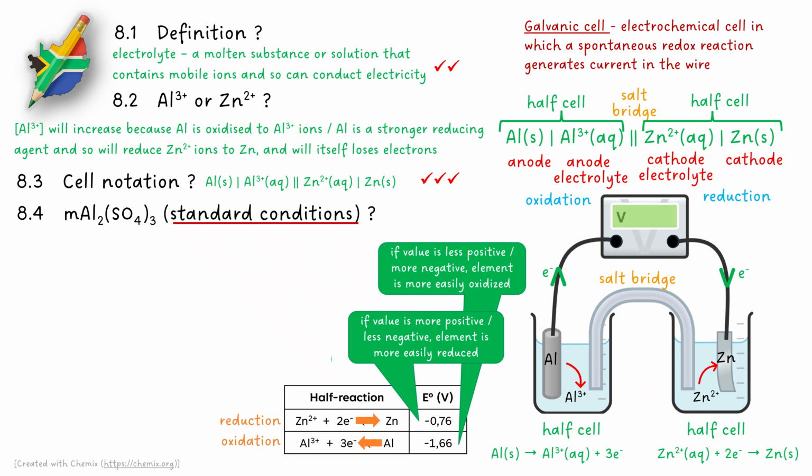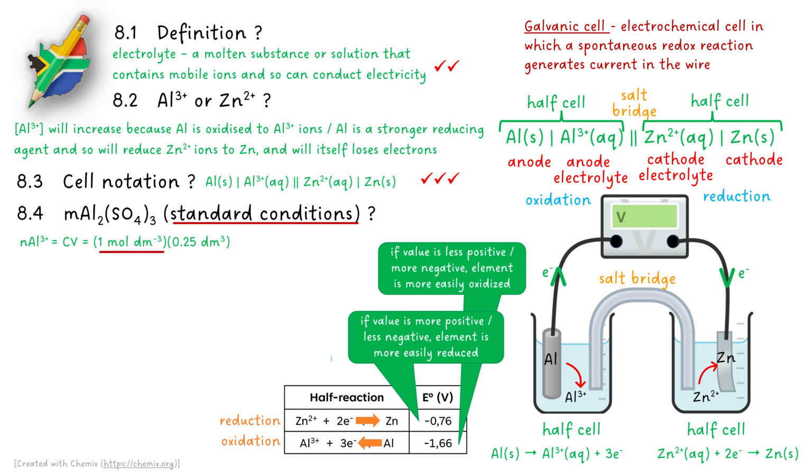Lastly, we must determine the mass of aluminium sulfate required to prepare a solution of volume 250 centimeters cubed. Specifically, we are told the conditions are standard conditions. Under standard conditions, electrolyte concentrations are 1 mole per decimeter cubed.